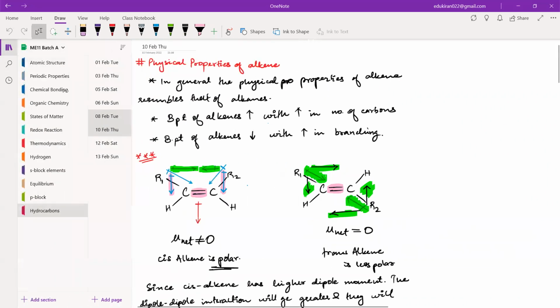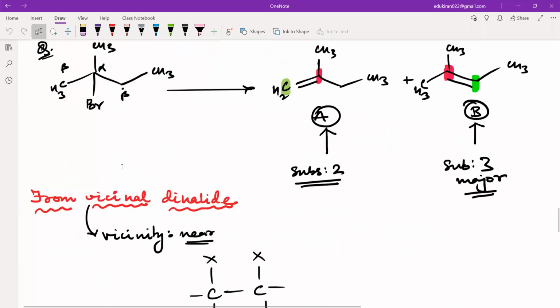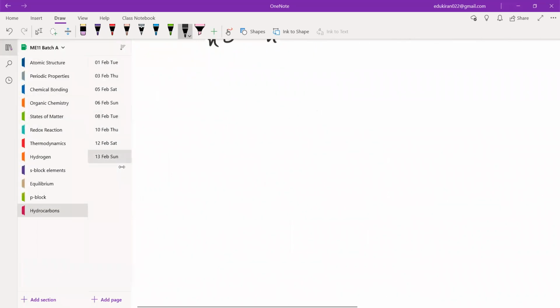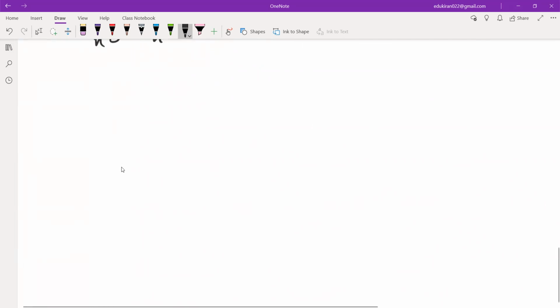Physical properties is after preparation here, right? So see, you see this reaction from vicinal dihalide. First of all, we will make this carbon double bond carbon, that is alkene, and we can use one more molecule.